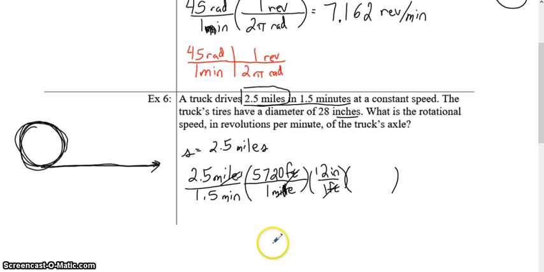Well, how many inches then are in 1 revolution?